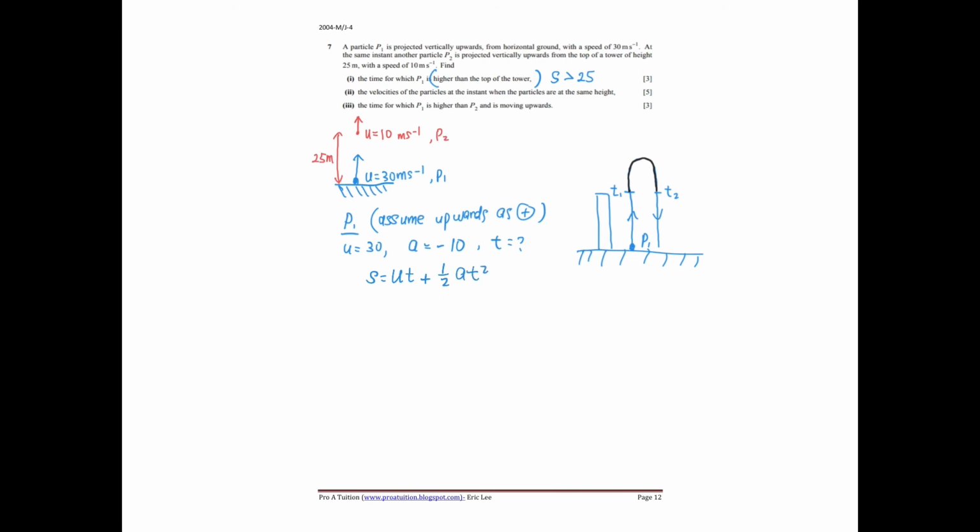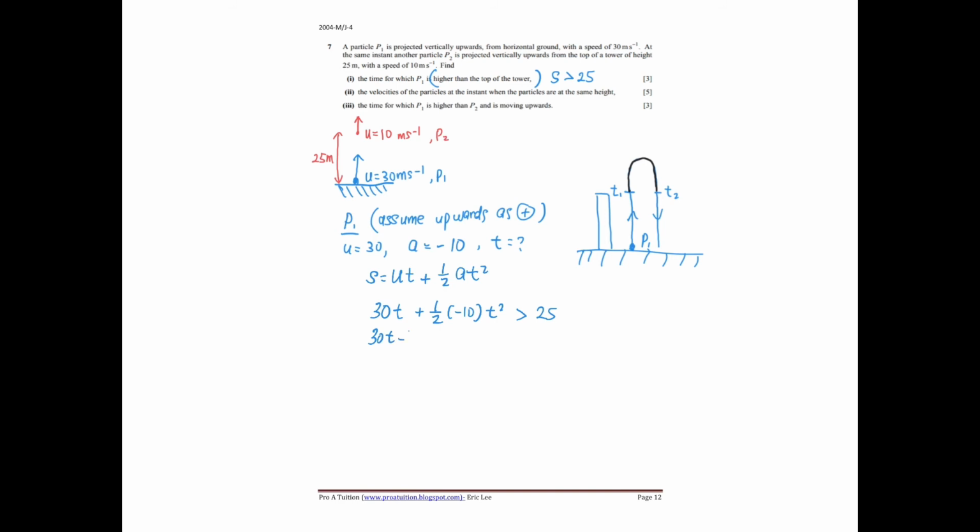The U is 30, T is unknown, half, negative 10, T is unknown again. This thing is greater than 25. That is the displacement. Displacement greater than 25. Okay, so we have to solve an inequality now.